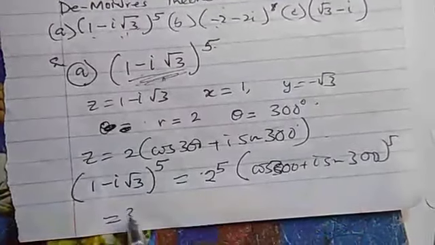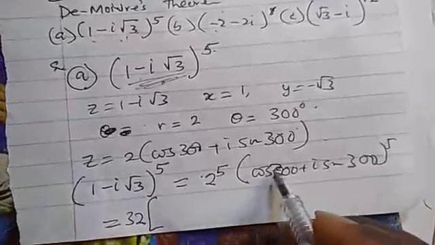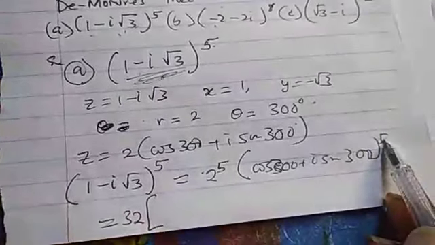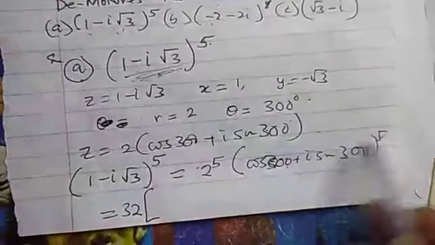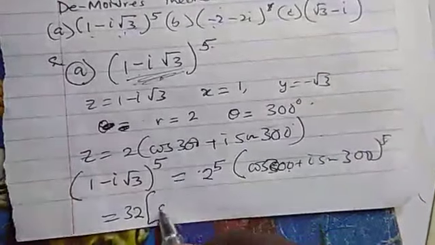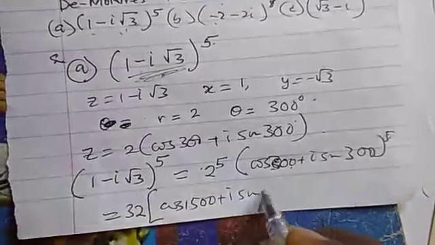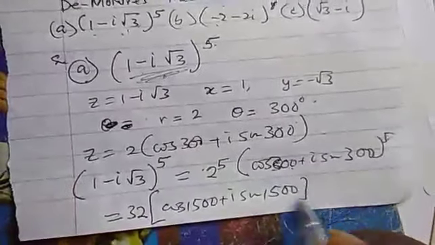So 2 raised to power 5 will give me 32. By De Moivre's theorem, we don't need to stress ourselves. We only need to multiply this 5 by this. That will be cos 1500 + i sin 1500.